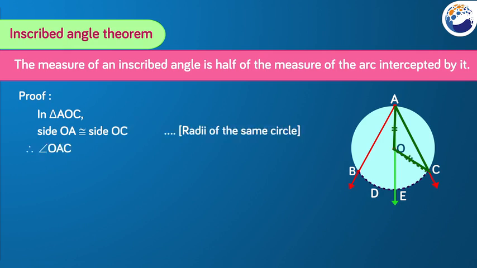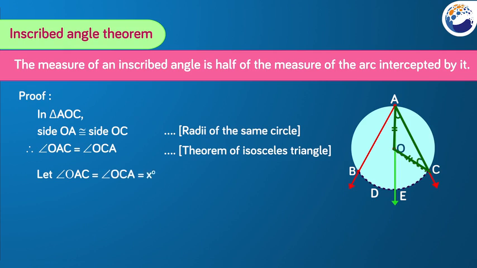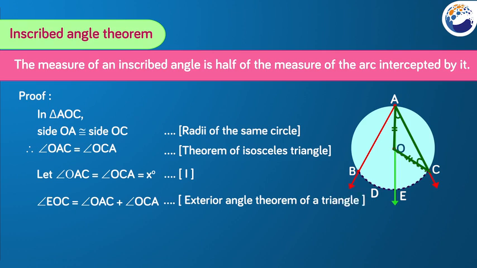Therefore, angle OAC is equal to angle OCA by the isosceles triangle theorem. Let angle OAC equal angle OCA equal x degrees. Equation 1. Angle EOC is equal to angle OAC plus angle OCA, by the exterior angle theorem of a triangle, which is equal to x degrees plus x degrees, which is equal to 2x degrees.